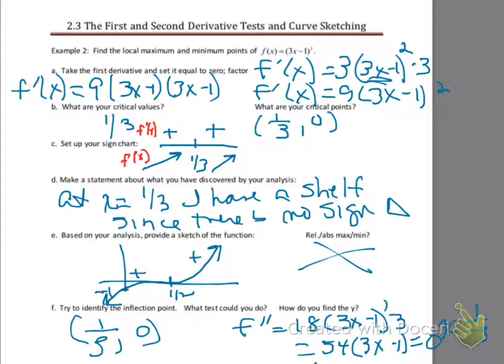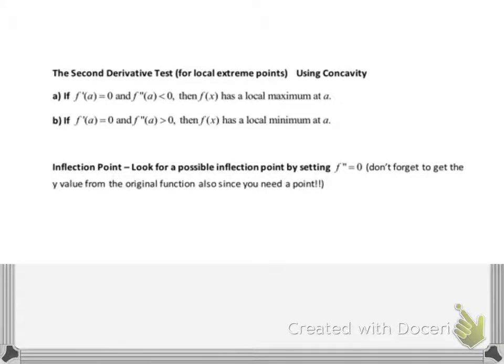So let's go on. In the bottom of this page, we're going to speak about second derivatives. The second derivative test for concavity: you're going to test exactly on the value of x where the slope is 0.